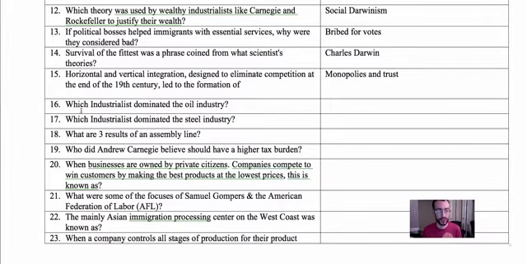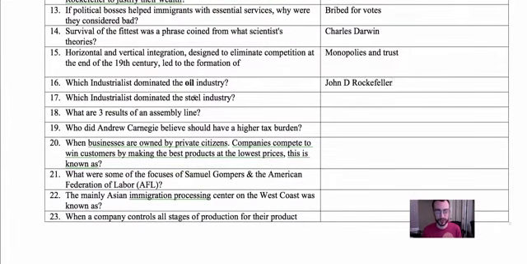Which industrialist dominated the oil industry? You think oil, you think who? John D. Rockefeller. Which industrialist dominated the steel industry? You think steel, and you're going to say Carnegie.